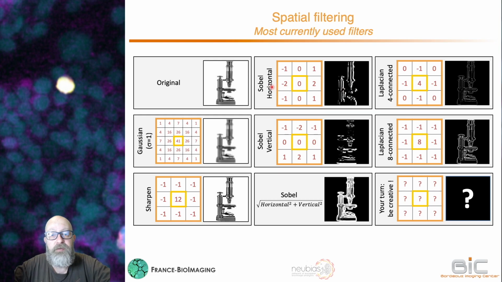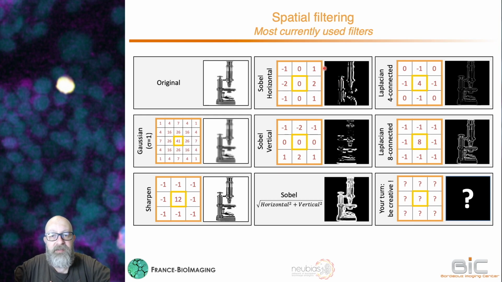For instance, if you're using the Sobel filter, putting 0 vertically and putting equivalent coefficients on one side and on the other side of the zero line with different signs on both sides, you will enhance the vertical lines on the image.